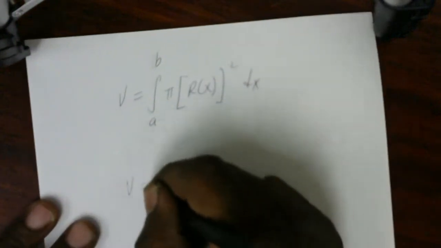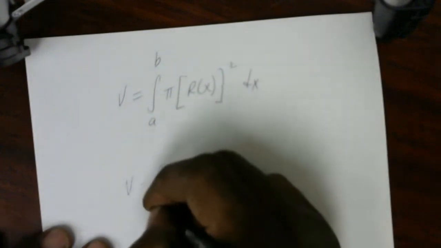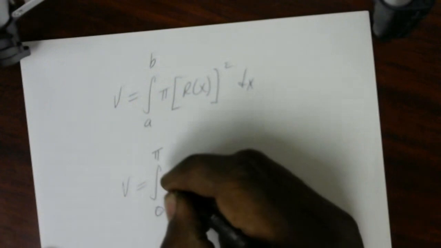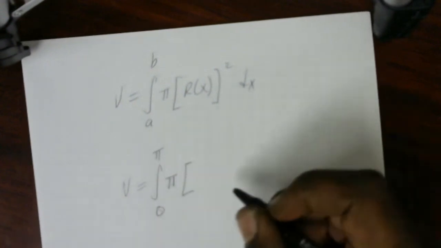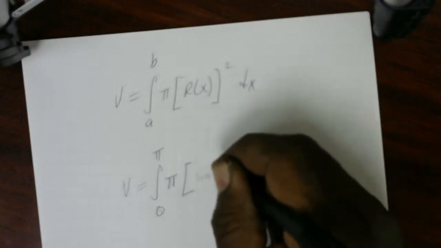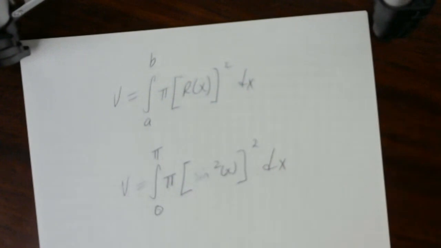So here we have the volume from 0 to pi of pi times the radius, which is our function. So our function was sine squared x, squared, dx. So this is what we'll put into the calculator.